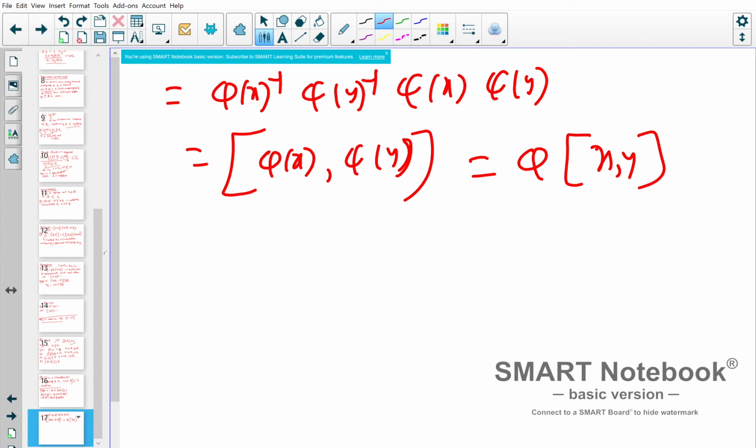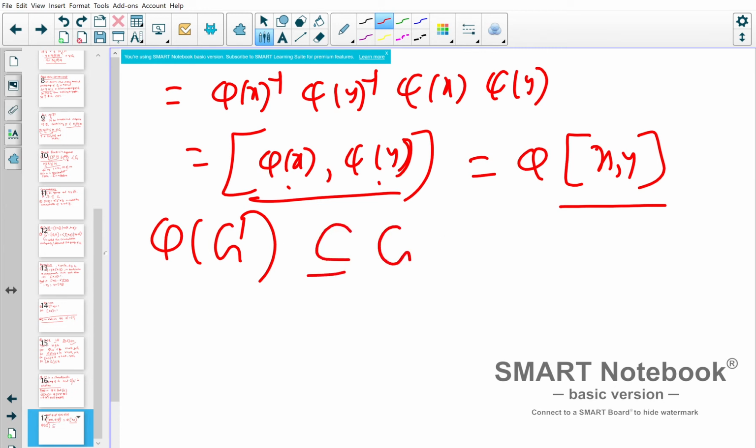So what does that mean? An element of G dash is of the form of these commutators, and the image will be of this form too, the commutator of phi x and phi y, where phi x and phi y are again elements of G. So the image will always sit inside G dash.